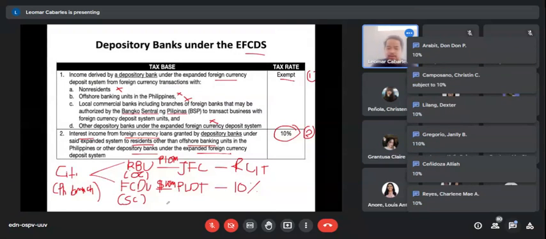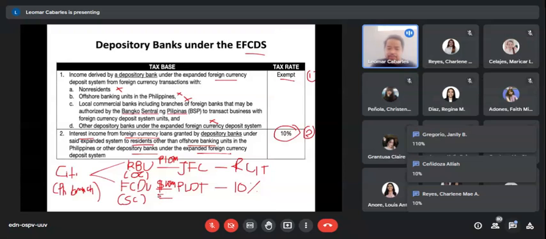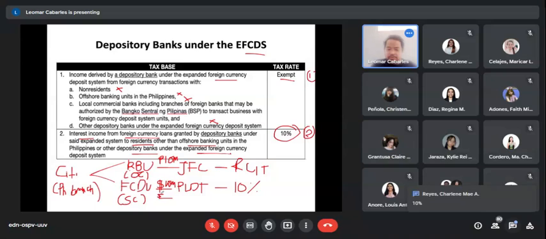Okay. Another illustration. $5 million, no? Pinahiram ni Citibank kay BDO. Siyempre, FCDU din yung BDO.